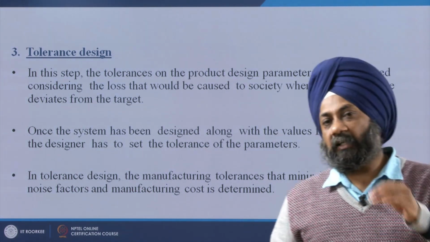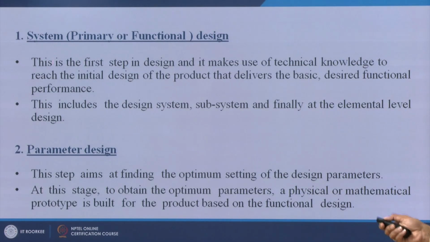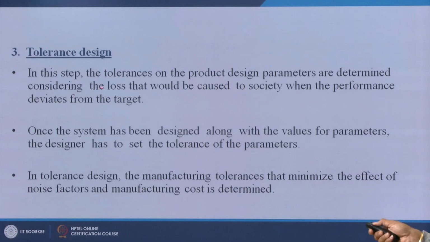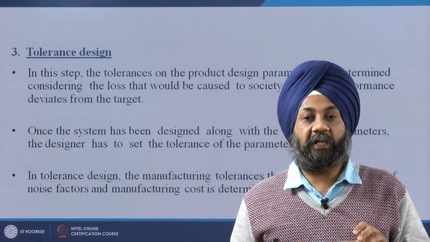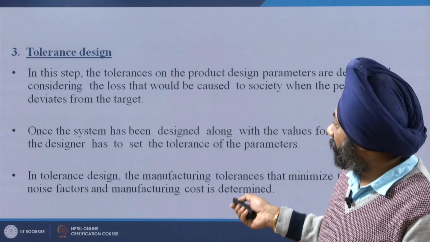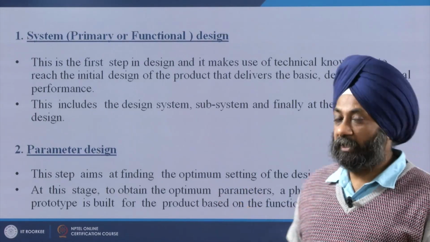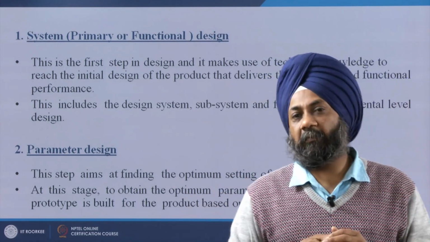Now let us take an example of a water bottle to explain these 3 points, that is system level, parameter level and the tolerance design. So a little bit confusing, but let us try to understand it with the help of a design of a bottle. At the first stage, that is the system stage, we have to design a bottle. What is the functional requirement of the bottle?